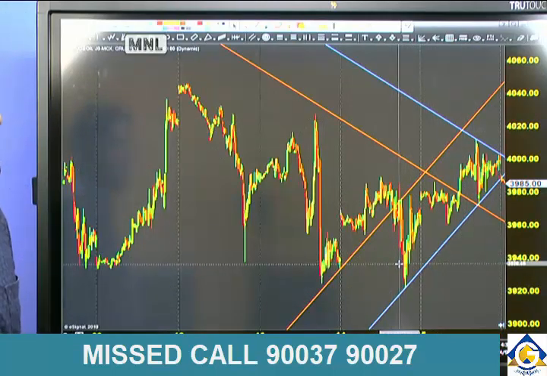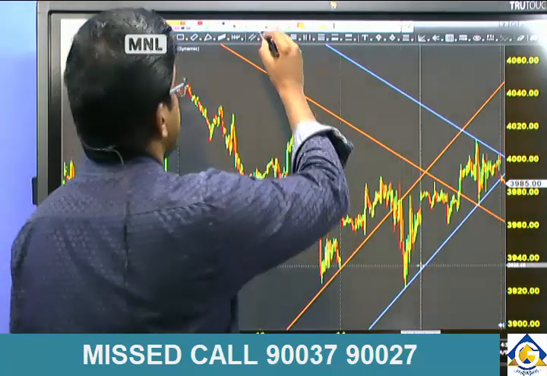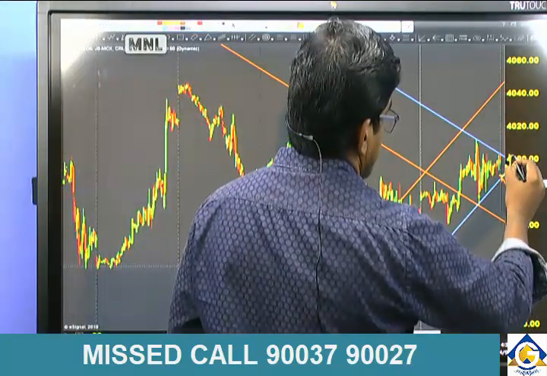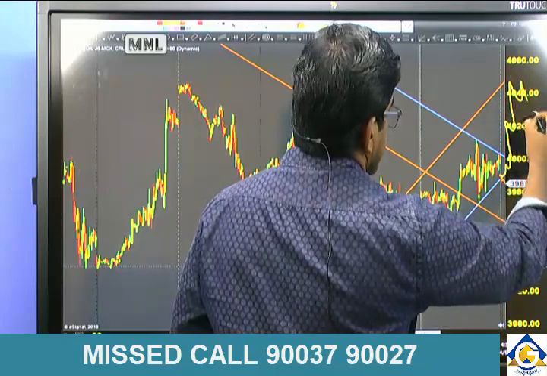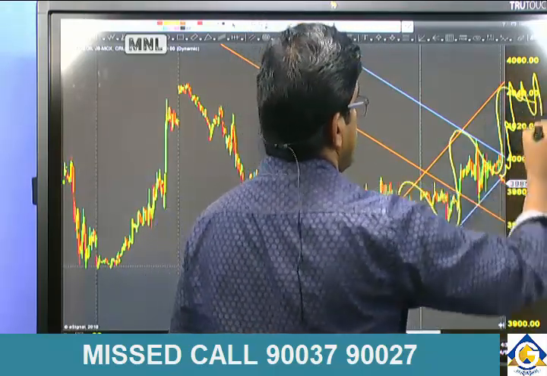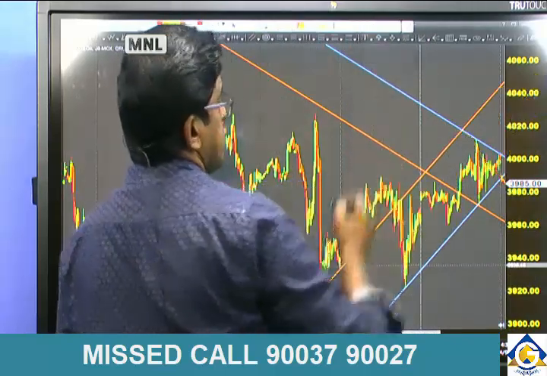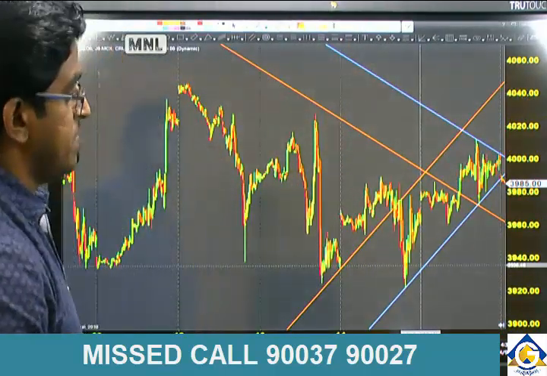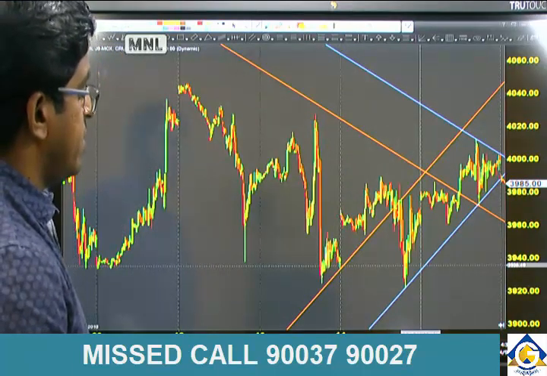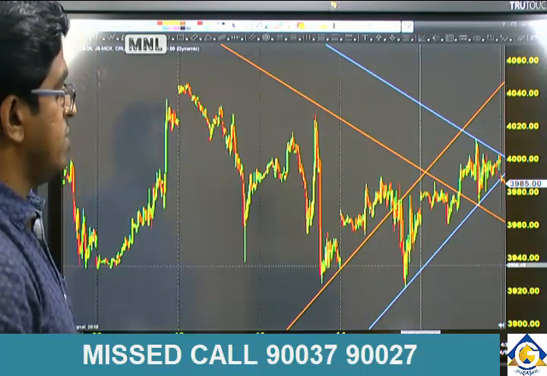Okay, if the price is likely to move in an uptrend, what should happen? The price will, from here, break and stay within this channel. So this should be the channel for the uptrend. So we had identified the channel for uptrend, we had identified the channel for downtrend, and you can draw more channels also here.